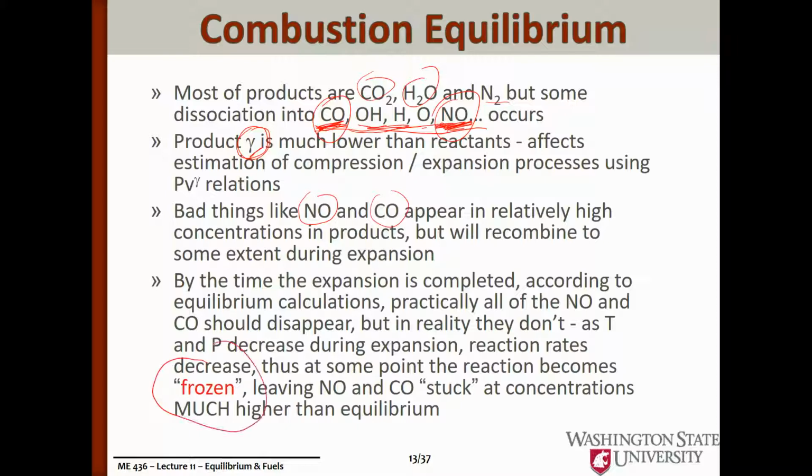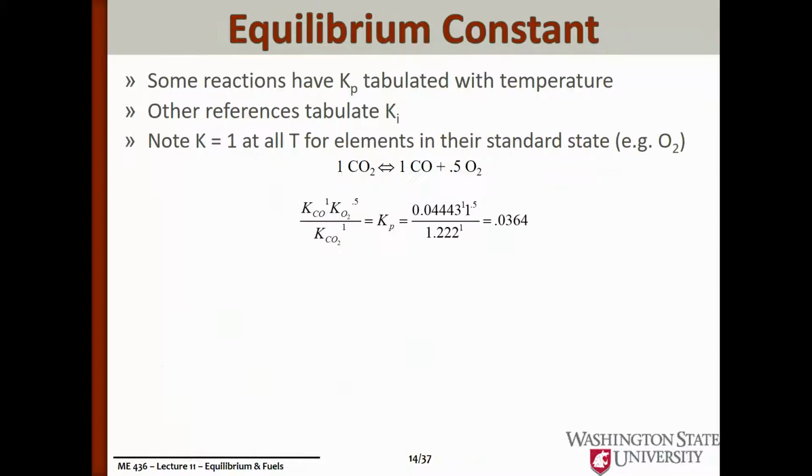So at some temperature, maybe 1500 degrees, maybe 1800 degrees, they basically get stuck at that equilibrium. So even when the products finish the expansion and they're down to 900 or 800 Kelvin, they might still be in the equilibrium ratios from 1800 degrees Kelvin. And that's the main hurdle of designing engines today, to try and facilitate that complete conversion of nitrous oxides and CO.